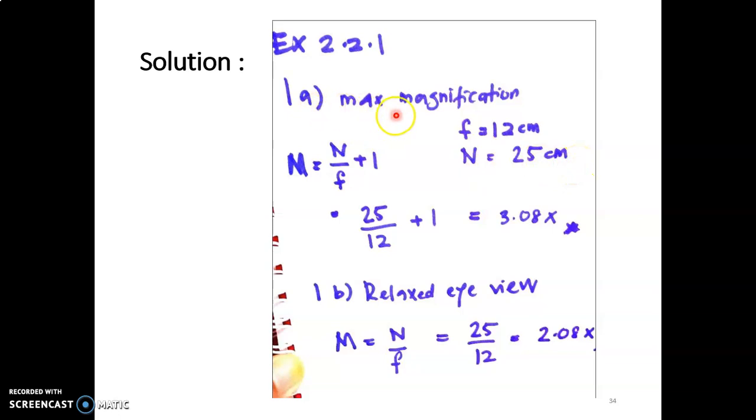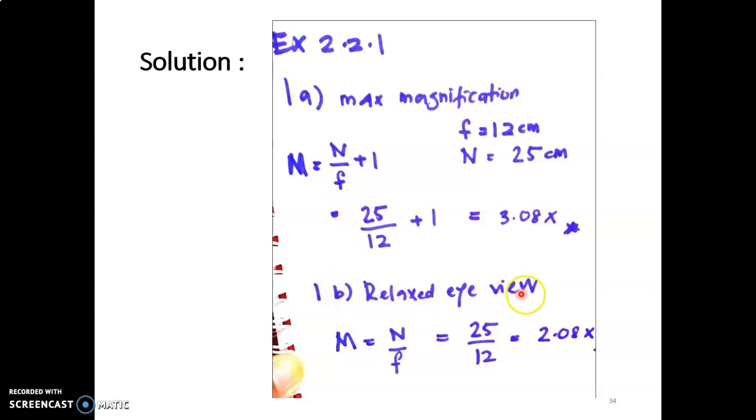The first question asks for the maximum magnification. Maximum magnification means that the image is located at the near point, so M is equal to n over f plus 1. Substitute all the values, and you will get 3.08x, where x represents times magnification.